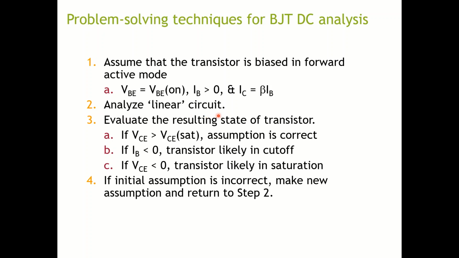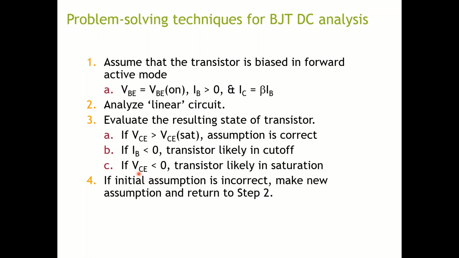Then you analyze the linear circuit, just a bunch of Ohm's law and KCL, nothing difficult. Then you evaluate the resulting state of the transistor. Now you see if V_CE is larger than the saturation V_CE, your assumption is correct. If your base current is less than 0, the transistor is likely in cutoff.